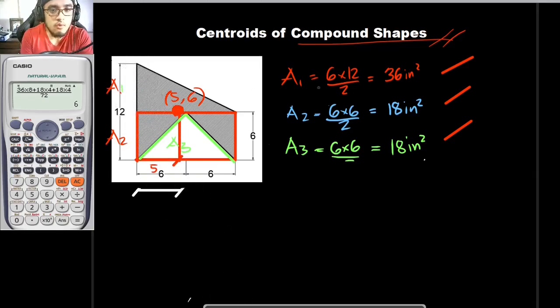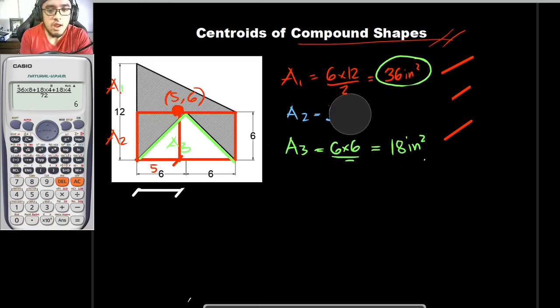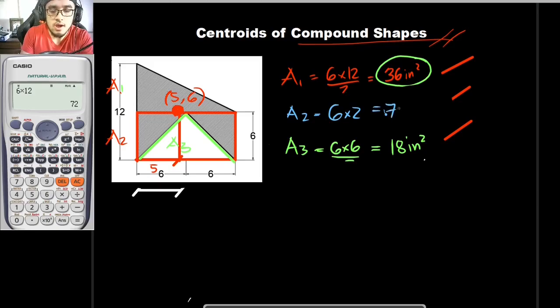So for your A1, it would still be the same, 36 inches squared. But for your A2, since you would be solving it as a whole, as this whole rectangle right here, that is to be 6 by 12. So 6 by 12 is equal to 72. So pwedeng ito 72 siya.